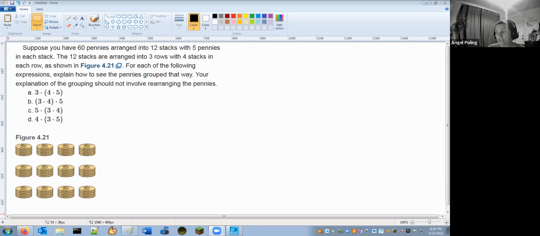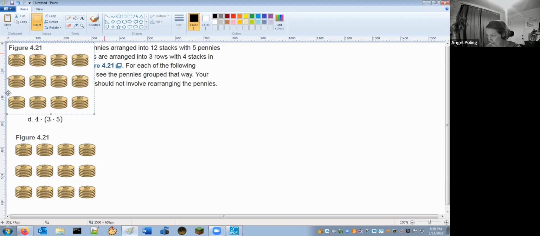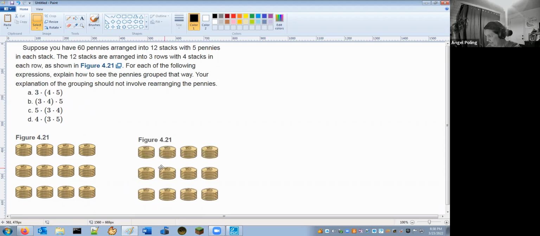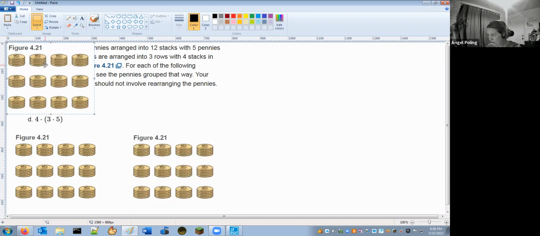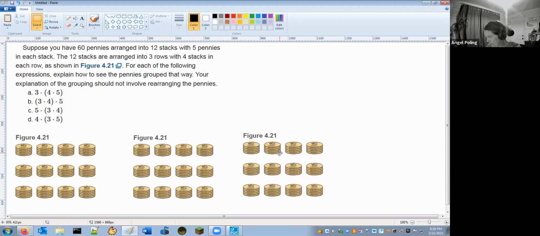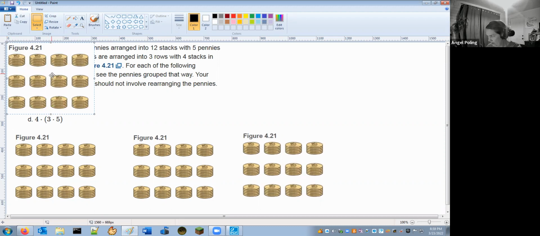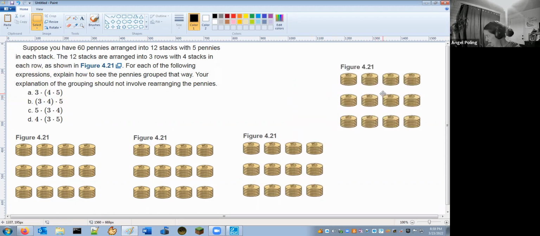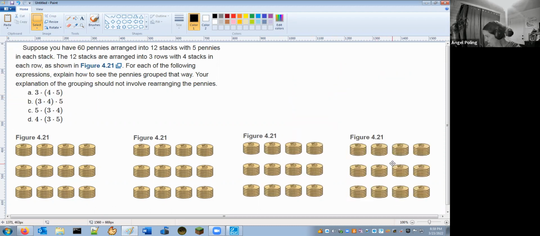Your explanation of the grouping should not involve rearranging the pennies. Okay, so that means each one of those expressions will be about the same stack. So we'll just draw this stack 4 times and then look at the different ways to talk about them.